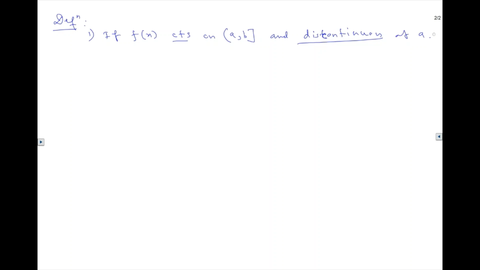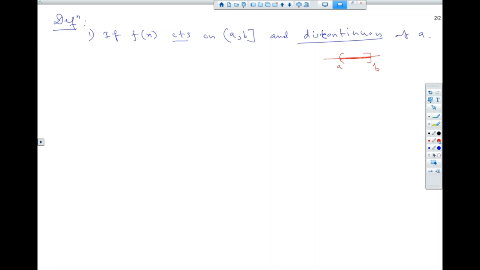So the function is continuous on the interval from a to b, but it is discontinuous at the point a. That's the situation. Then we write the definition.